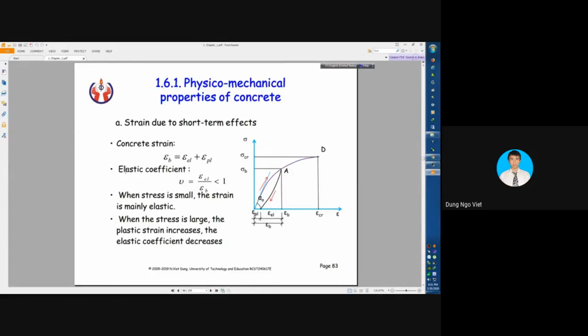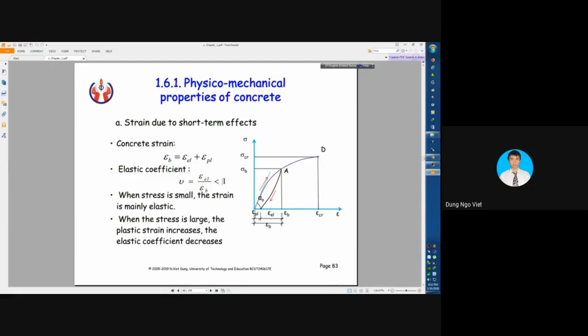And we calculate the elastic coefficient nu, which is equal to the division of epsilon EL by epsilon B, and normally this value is smaller than 1. When the stress is small, the strain is mainly elastic.